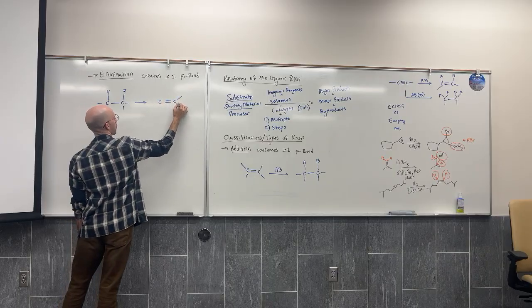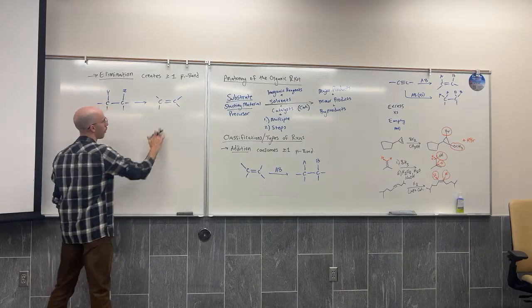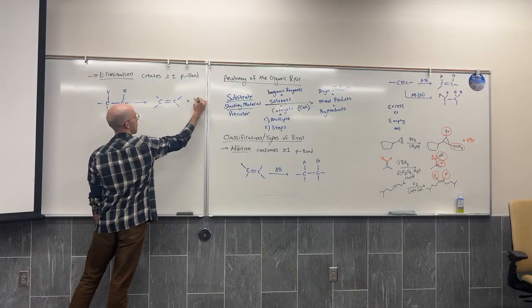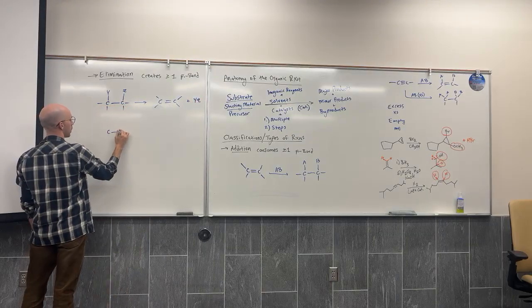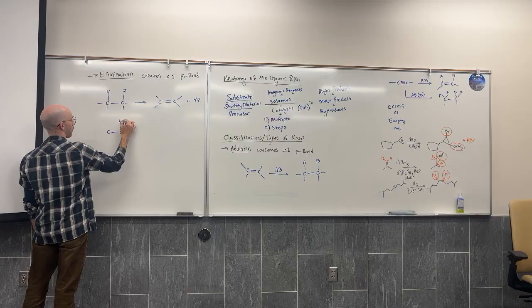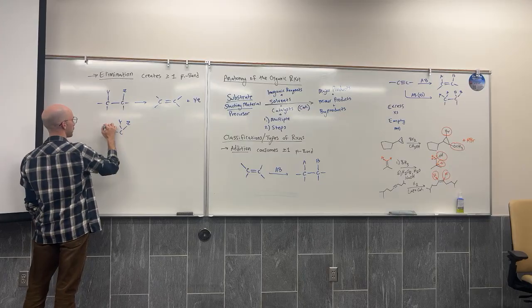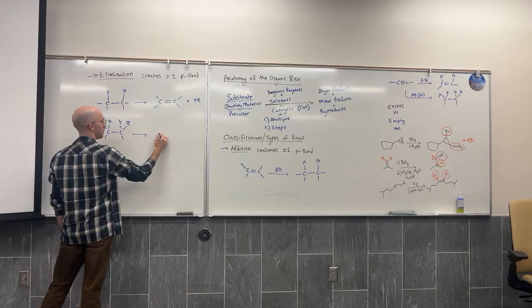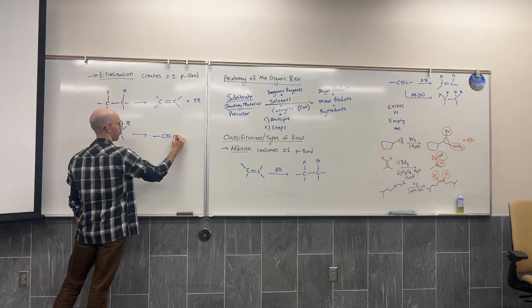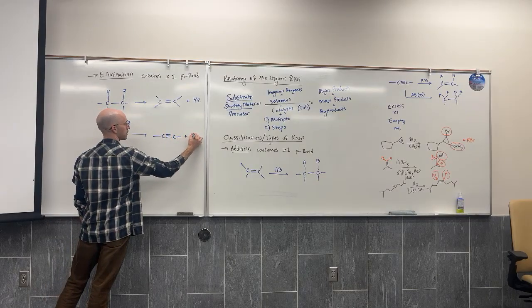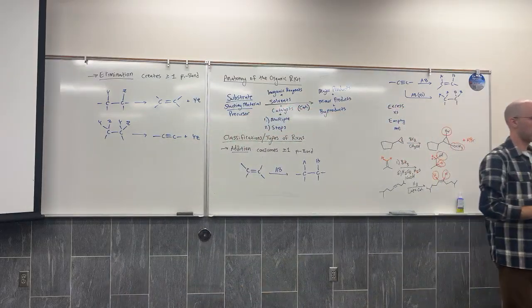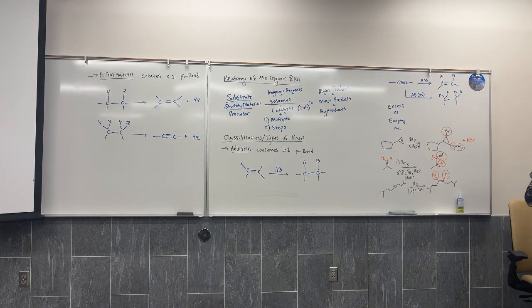And through some reaction, Y and Z will be removed. Or, like we saw last time, if I have 2 equivalents of Y and Z, I can remove 2 equivalents of Y and Z, and I can make multiple pi bonds.